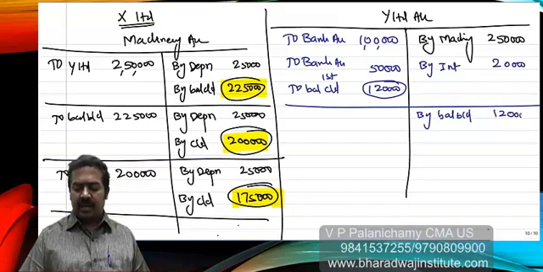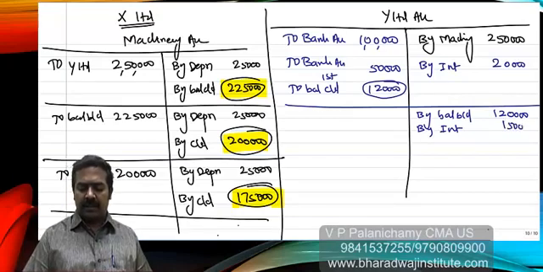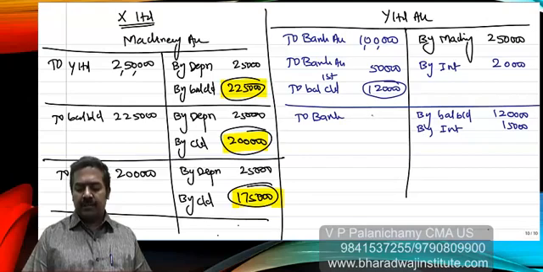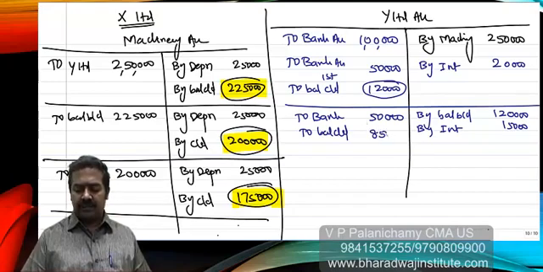1,20,000. Second year also by interest. What is the second year interest? 15,000. Then make the payment to bank at the end of the second year: 50,000. To balance carry down, 1,35,000 minus 50,000 is 85,000.